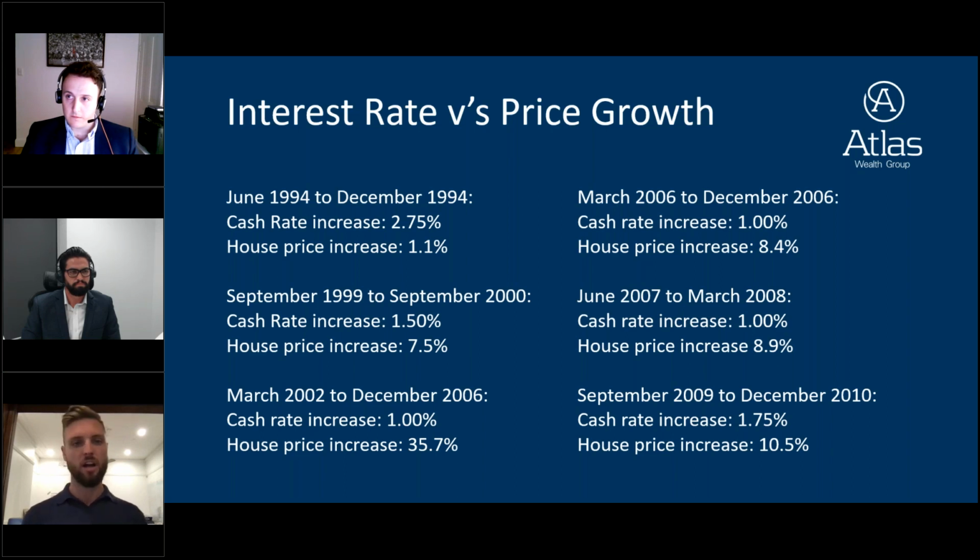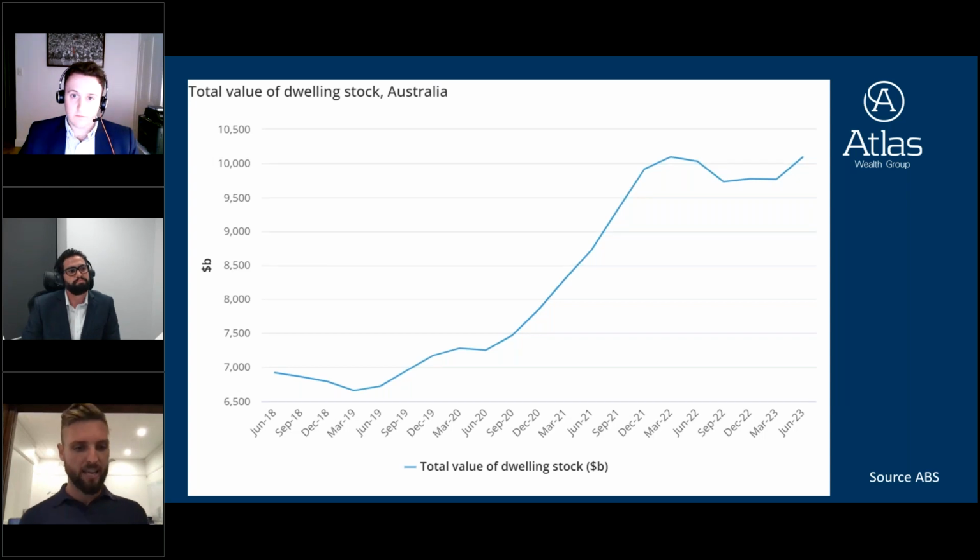So if we go to the next slide, James, this is the total value of Australian housing. Back in December 21, March 22, that 3 to 4 month period, Australia's housing peaked at a total value of just over 10 trillion Australian dollars, which is significantly greater than the Australian securities market and significantly greater than the superannuation market.